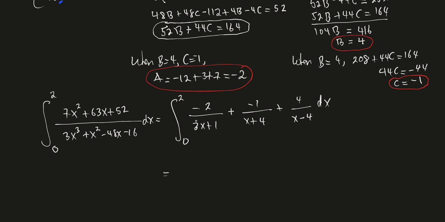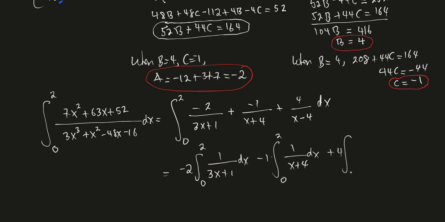And if we think of these as three separate definite integrals, using our properties of definite integrals, we can take out the negative 2, integrate from 0 to 2, 1 over 3x plus 1 dx, take out the negative 1, and then integrate the 1 over x plus 4 from 0 to 2 with respect to x, take out the 4, and integrate from 0 to 2 the 1 over x minus 4 dx.